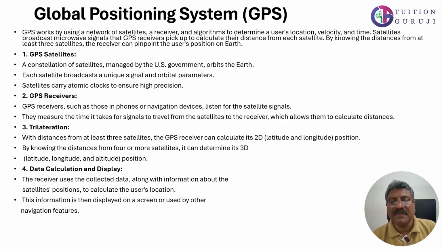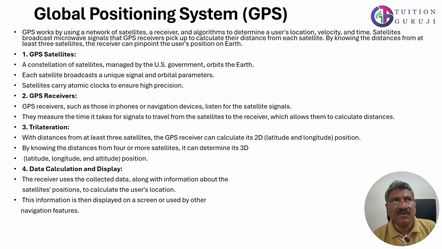GPS systems work by using a network of satellites, a receiver, and algorithms to determine a user's location, velocity, and time. Satellites broadcast microwave signals that GPS receivers pick up to calculate the distance from each satellite.